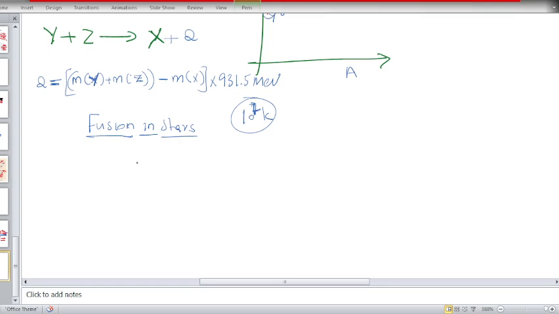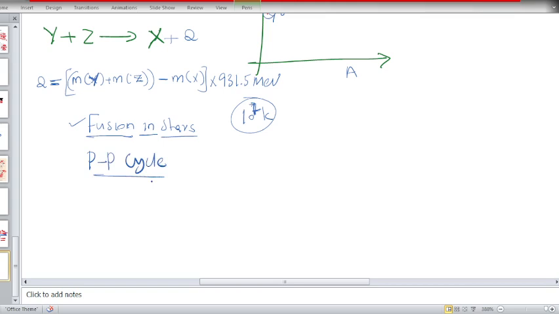But from an examination point of view, you have to think only about fusion in stars. When you consider fusion in stars, first you have to consider the sun. In the case of the sun, we have the so-called PP cycle, or proton-proton cycle.